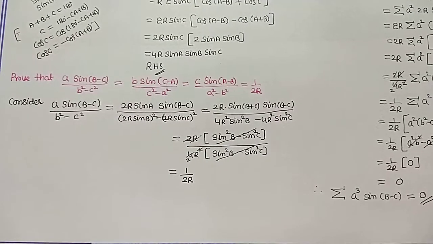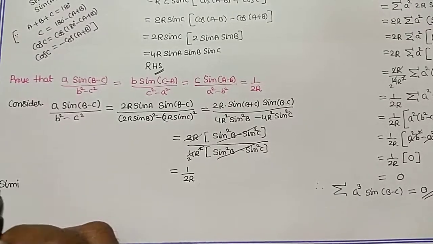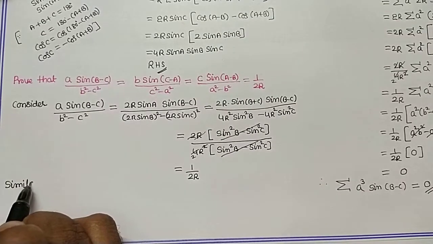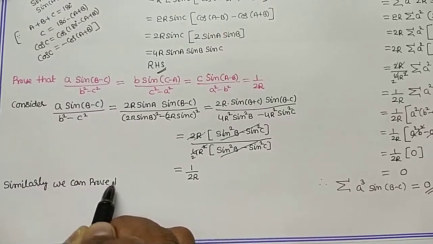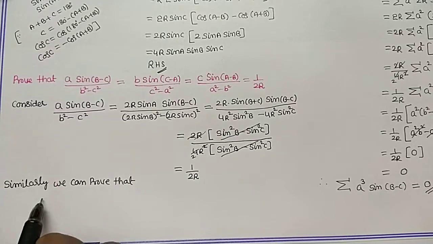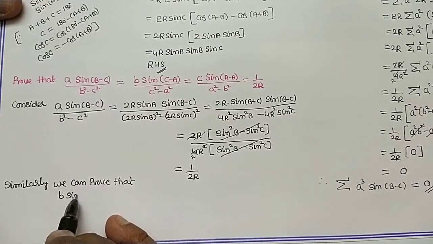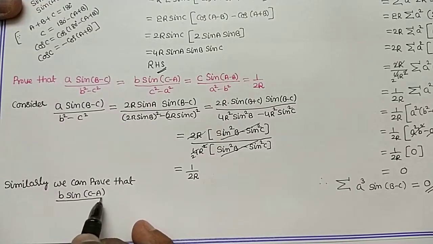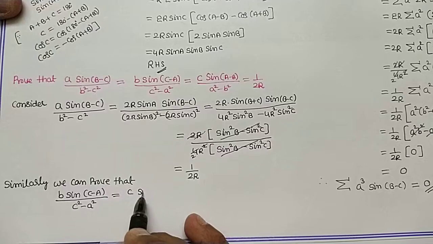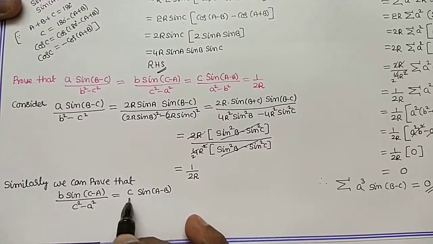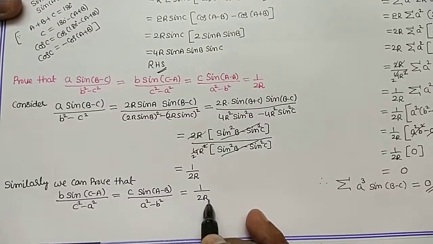Similarly, we can prove that b into sin of C minus A divided by C square minus A square, which is equal to c into sin of A minus B divided by A square minus B square, is also equal to 1 by 2R.